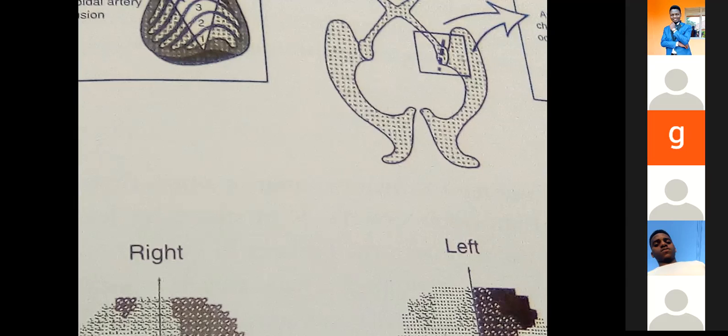When you look at the diagram below, the left is the left visual field, the right is the visual field for the right eye. And when you draw a visual field, the one towards the center of the two eyes is the nasal field, and the one on the outer side is the temporal field. So for the right eye, it is a nasal field which is affected, while for the left eye, it is a temporal field which is affected. So the field defects are on the same side.